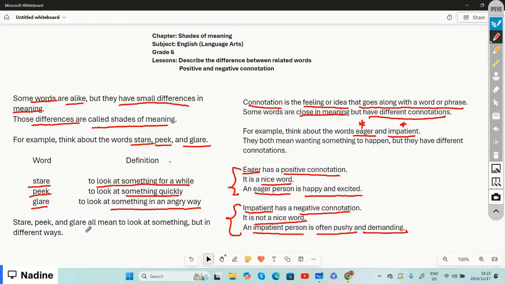Negative connotation means that it is not so nice words. And when it comes to connotations, some of the words are close in meaning, but they have different connotations. So the meanings are slightly the same, but one word can be something not nice, and the other word can maybe be something nice.